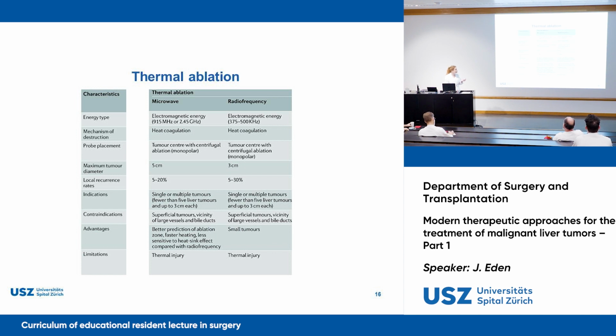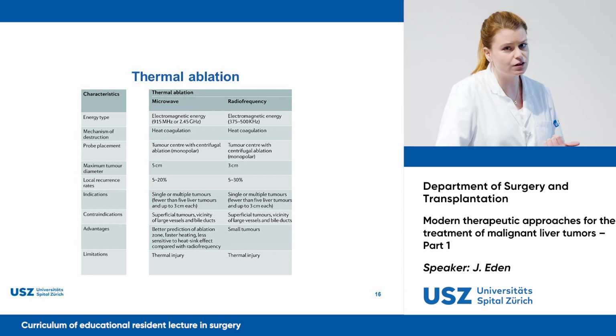Now, the local recurrence rates range from 5 to 20% or 5 to 30% respectively. And the indications are single or multiple tumors for both methods, and contraindications, important as well, are superficial tumors or vicinity of large vessels or bile ducts.